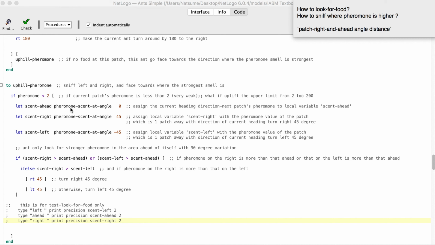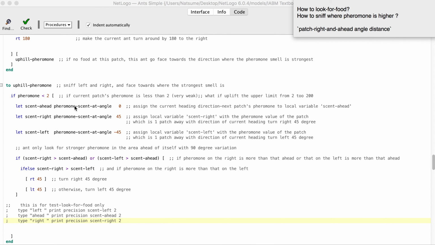How about the function patch right and ahead? It has one input which is angle, and another input which is distance. How do we do that? To do that, we have to look into this function, because here we only get one input. Inside this function, we will take advantage of this function from NetLogo.